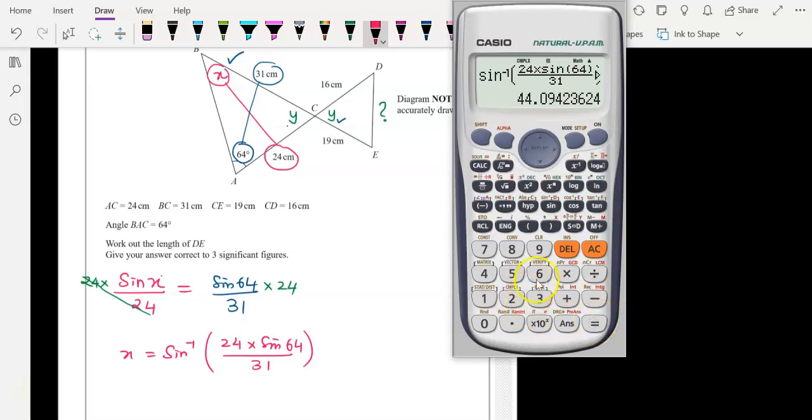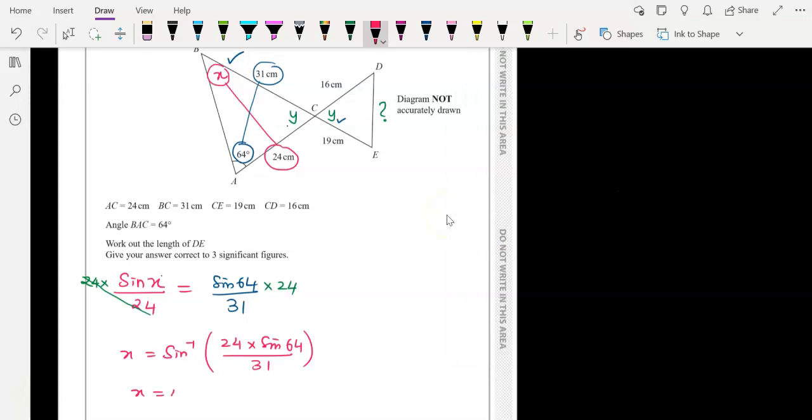That gives me 44.09. So the value of x is 44.09, that I can round to 44.1. Now I know the value of x.